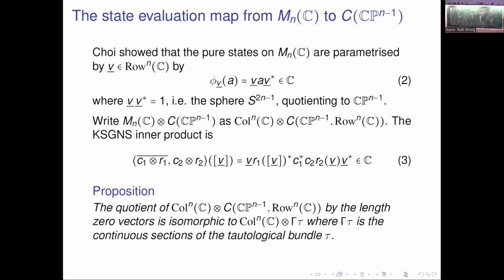And if we do a small amount of messing around, we can find what the corresponding Hilbert C-star module for that is. It's actually the column matrices tensor product continuous sections of the tautological bundle on CP^(N-1), which just means at any point you have the ray in the row vectors corresponding to the point where you're at in CP^(N-1).